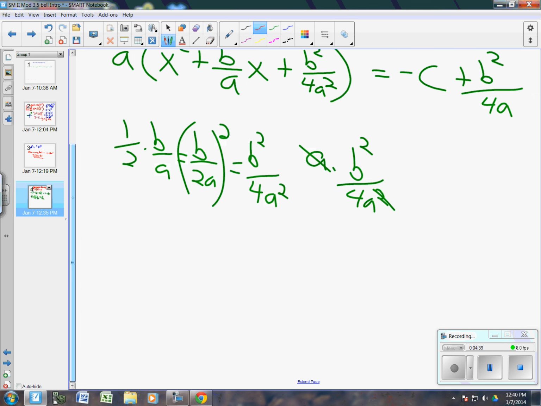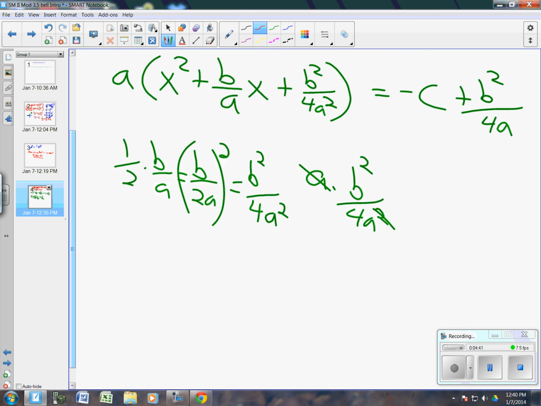Okay, so next thing I'm going to do is this is a perfect square trinomial now. I know it doesn't look like one to you guys, but it is a perfect square trinomial. And it factors to be x plus, what was it that I took half of? B over a, right? X plus b over a.